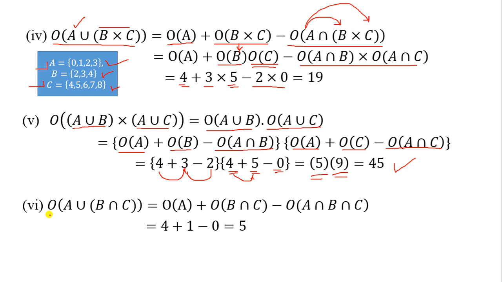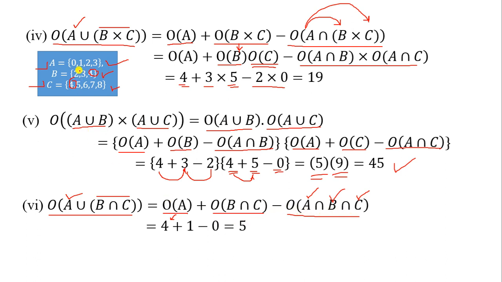Next we have how many elements are there in the union of A and the intersection of B and C. So we will use the sum rule again here. Number of elements in A plus the number of elements in the intersection of B and C, minus how many elements are there in the intersection of all these 3 sets A, B, and C. So we have 4 elements in A. B and C have just one common element, that is 4, so there is one common element, minus the intersection of all these.